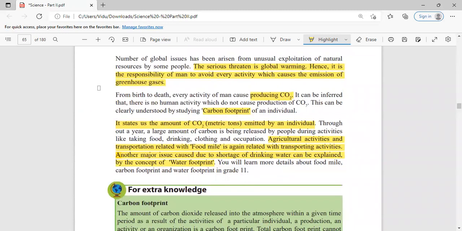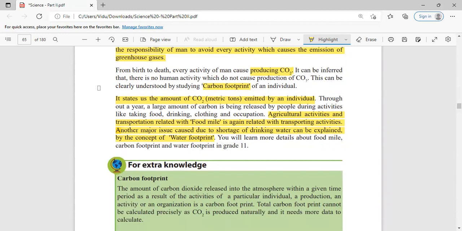A number of global issues have arisen from the unusual exploitation of natural resources by some people. The most serious threat is global warming. Hence, it is the responsibility of man to avoid every activity which causes the emission of greenhouse gas.